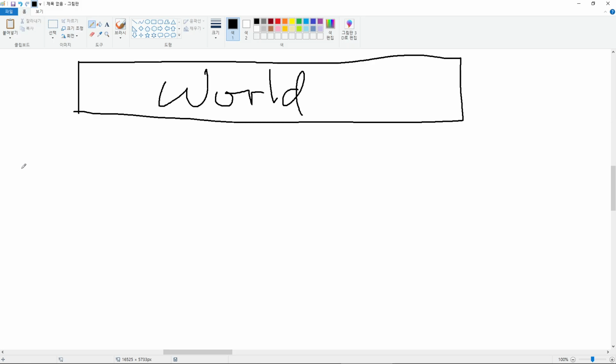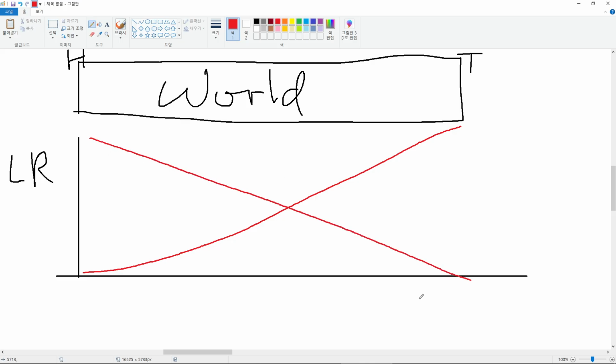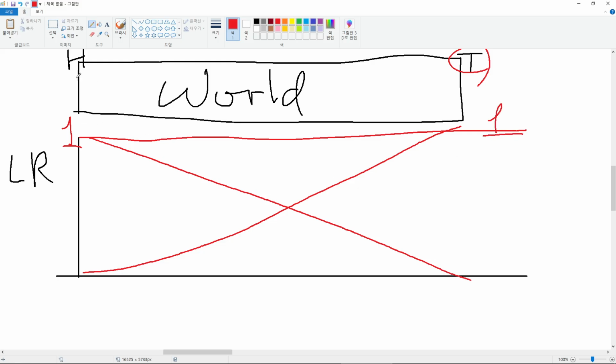When you have the world, and when you have the learn rate following a certain distribution, or a certain shape of distribution, and when you use proportional head, proportional tail, or proportional head, the maximum learn rate is 1. So either the tail entity is going to have a very good learn rate, or the head entity is going to have a very good learn rate, and the minimum is almost 0 point something, or let's just say almost 0.